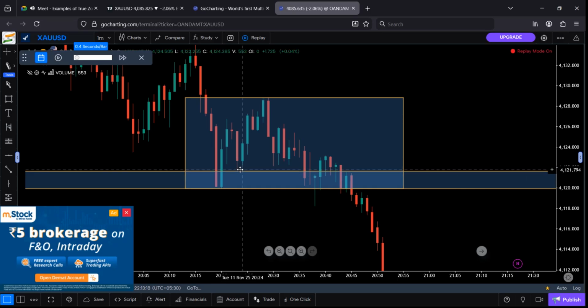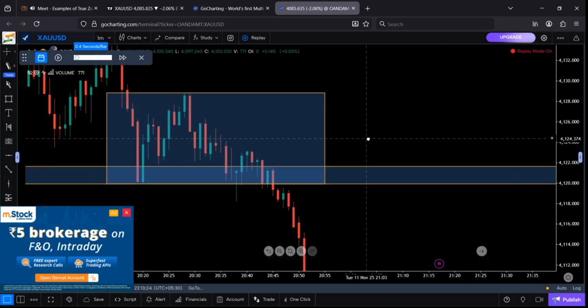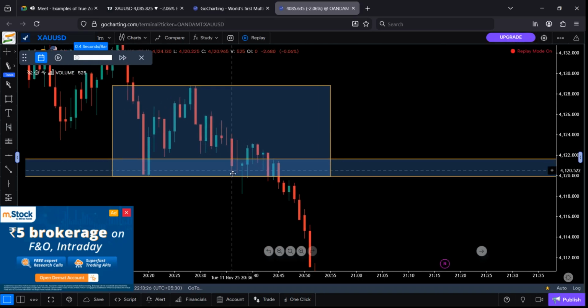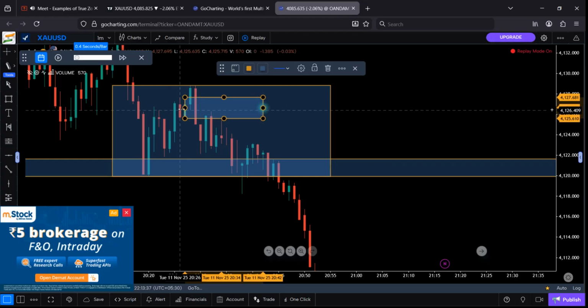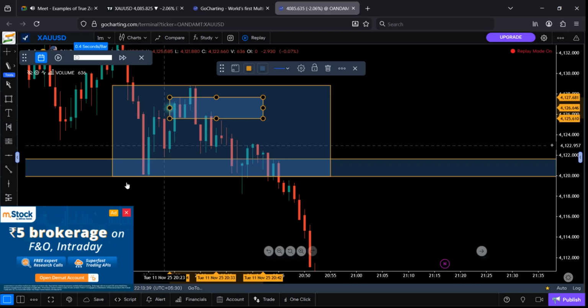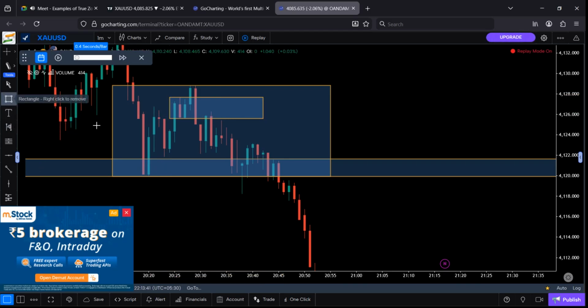Yes, so this will be our zone here, like this. This one will be our zone here. This will be our zone. This will be our zone. And this will be our zone.